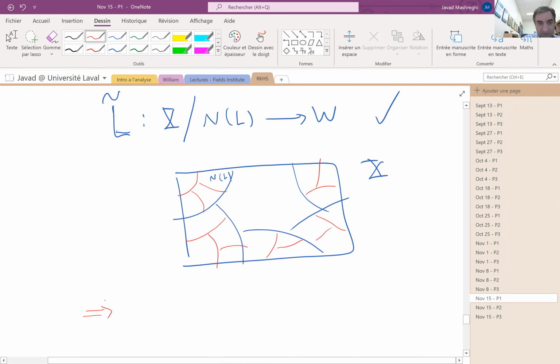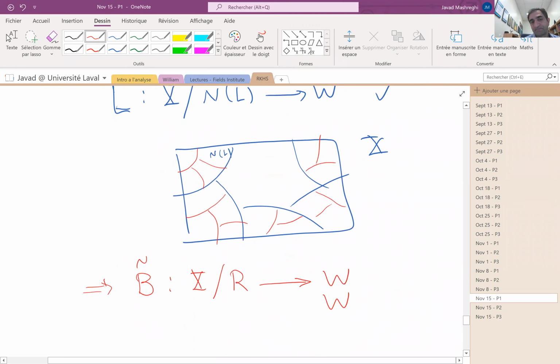So we conclude that there is a mapping, which I call B tilde now, from X mod R to W. And its elements are these cells.